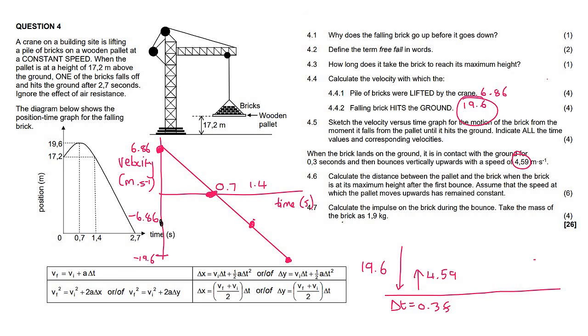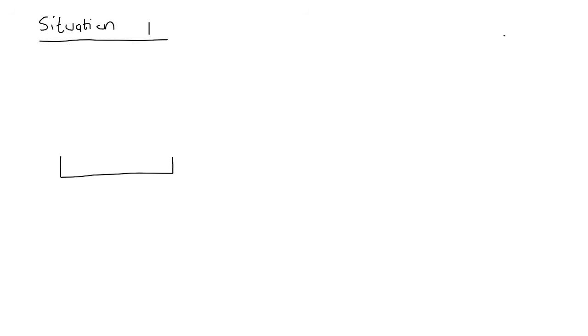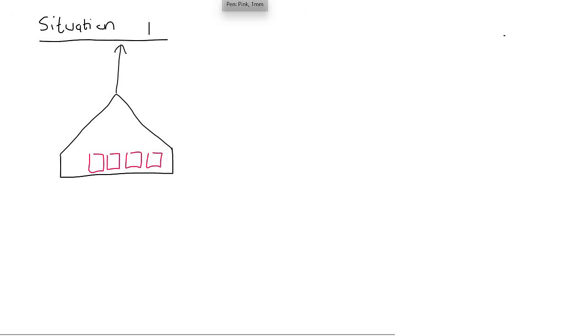Now, before we start with that calculation, I need to make sure that you guys are feeling very comfortable with what's happening here. So, in situation 1, I'm going to say that the pallet is over here. And then we've got the bricks. And this pallet is going upwards. And what has happened is that the other brick that has fallen off, that was over here, has hit the ground.